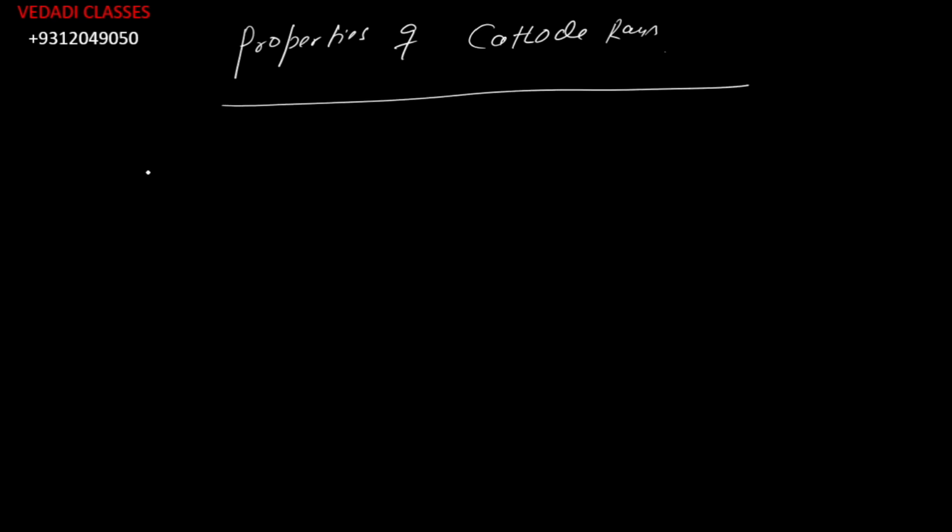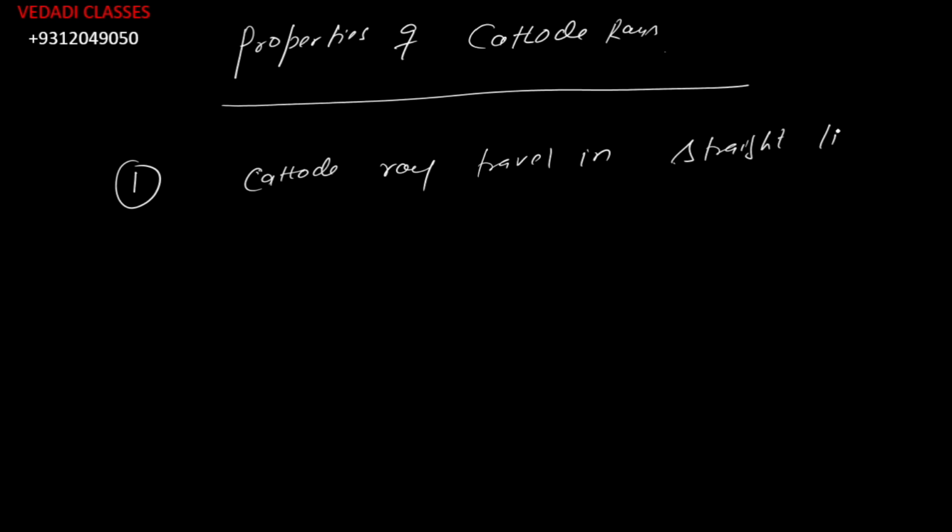Okay. So the first property of cathode rays is that they travel in a straight line. So how do we prove that cathode rays travel in a straight line? Have a look here.